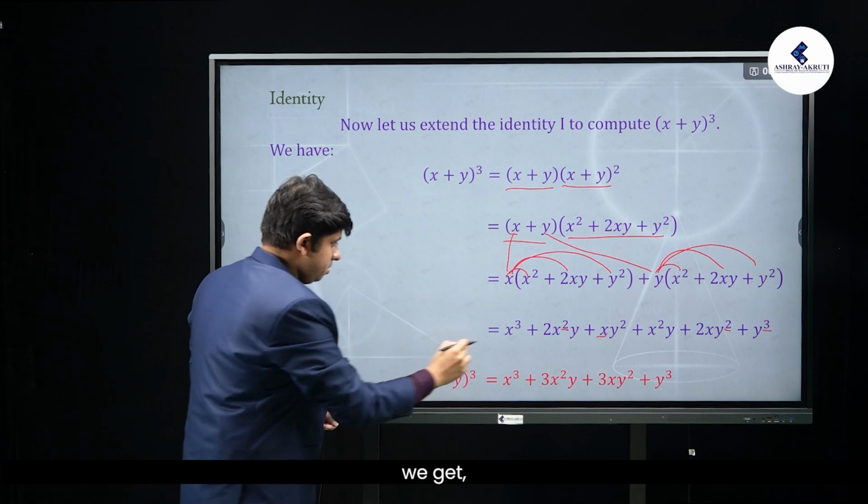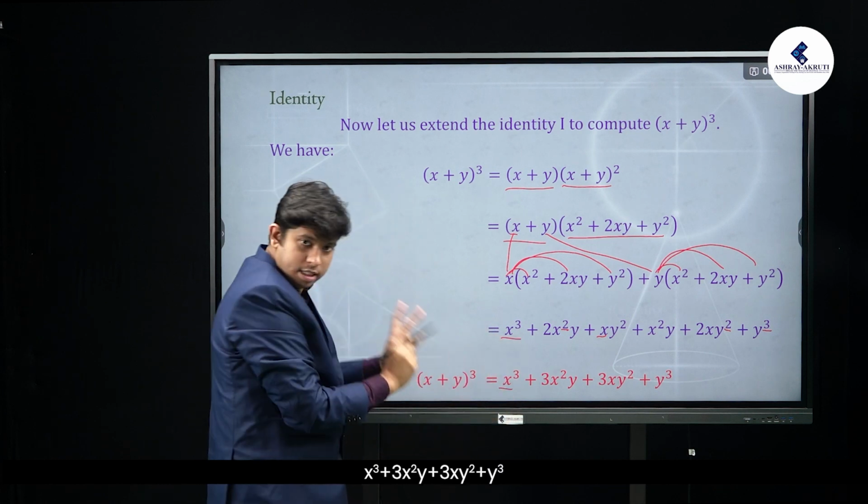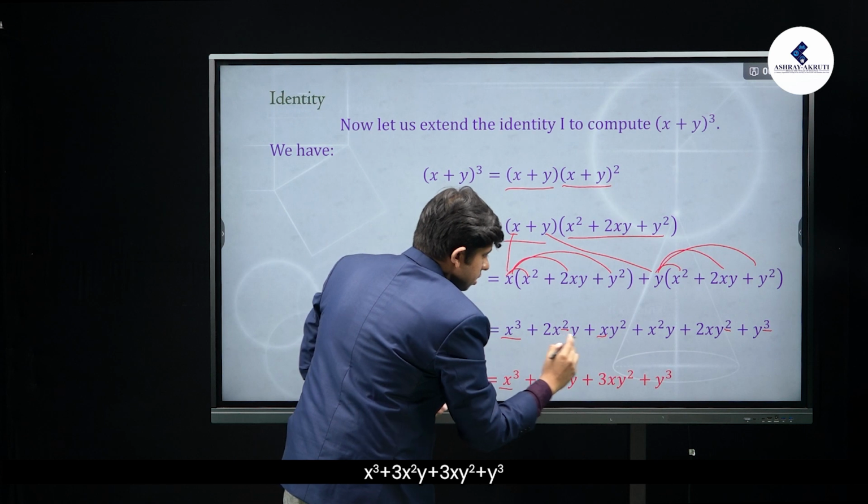After adding the terms, we get x³ + 3x²y + 3xy² + y³.